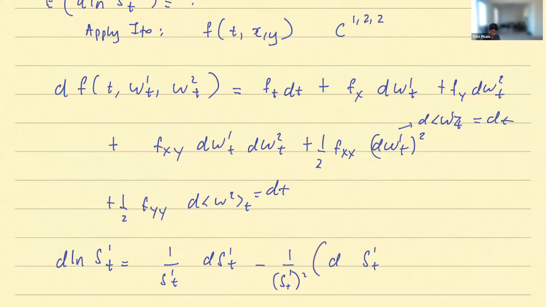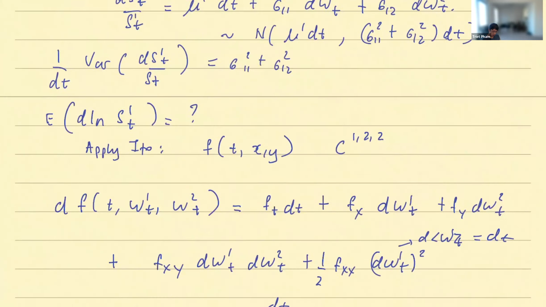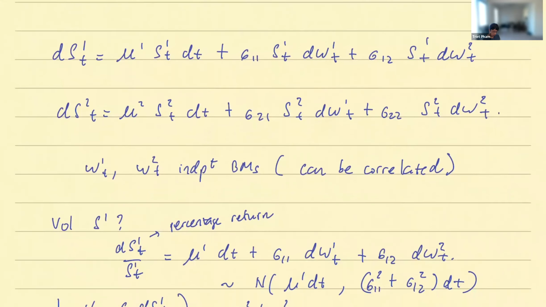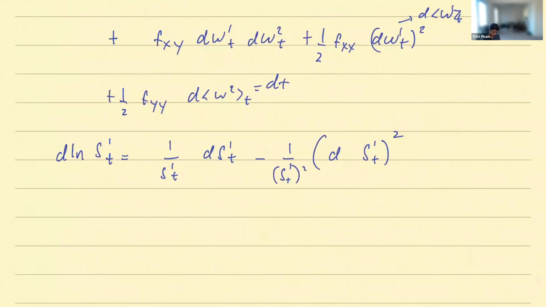This, I think, is more suggestive. So you see that this will be just canceling all these things out, so it will be mu_1 dt plus sigma_11 dW_1t plus sigma_12 dW_2t.